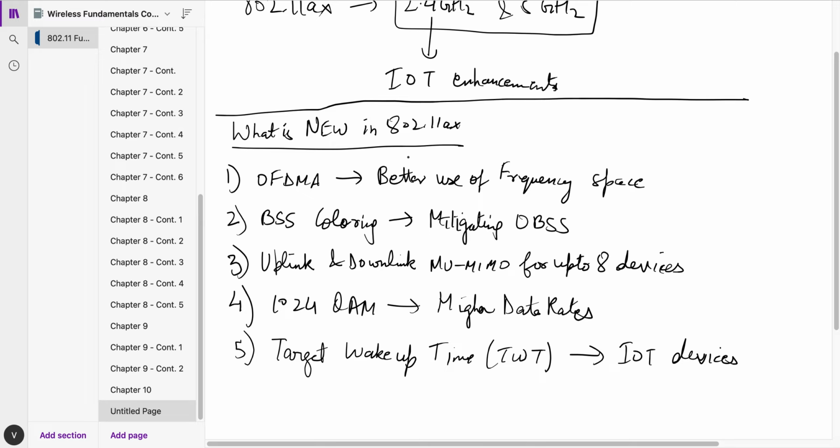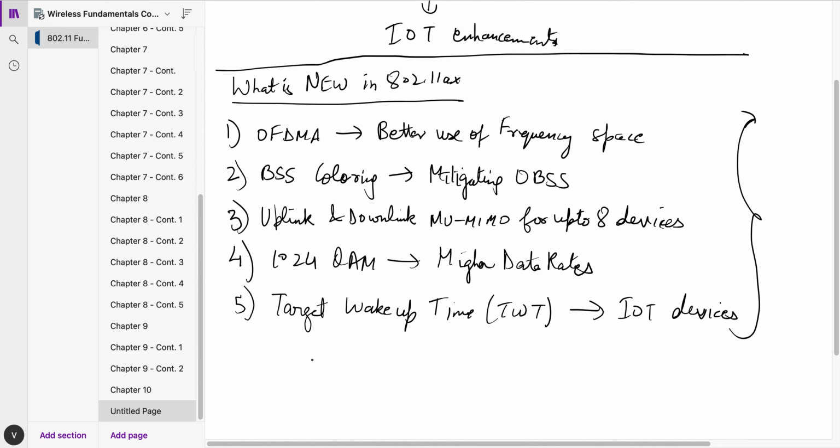Now these features which are launched in .11ax are responsible for making life of the traffic better on a highway. They are responsible for better management of traffic, for making sure the standard is called high efficiency.